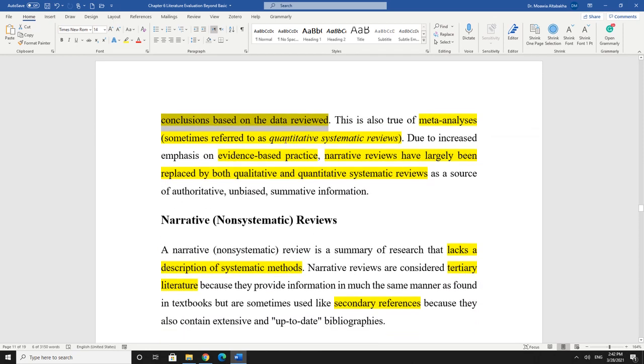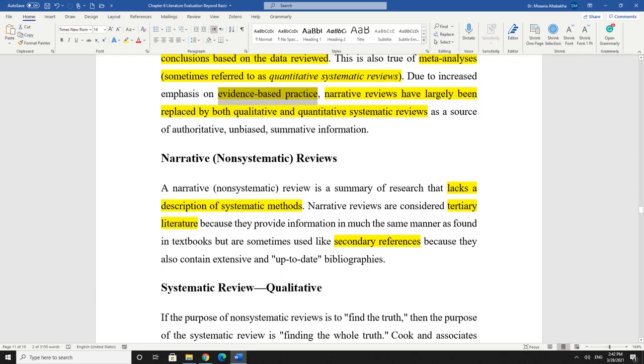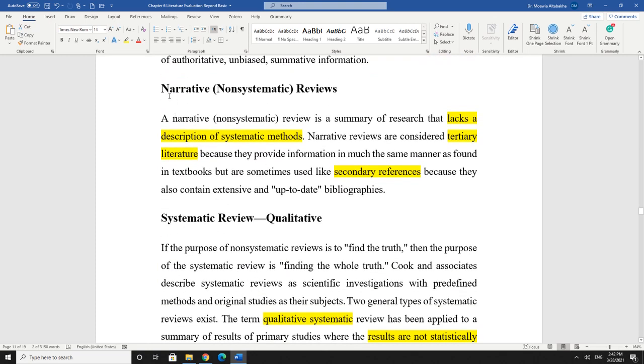Of course, systematic reviews, whether quantitative or qualitative, provide good evidence for the practice. As I told you, narrative reviews lack a description of systematic methods, depending on what they are going to include from the literature they get from their search, depending on what they don't say.